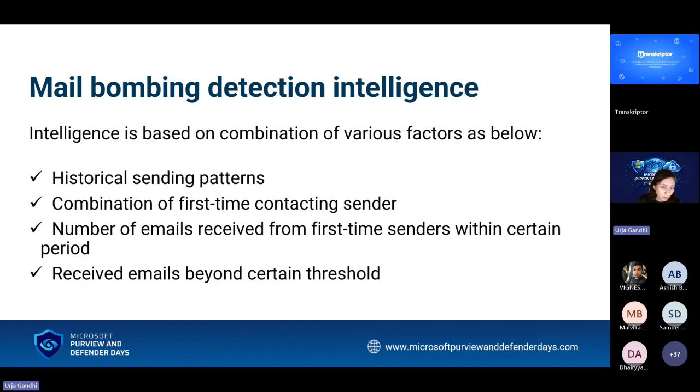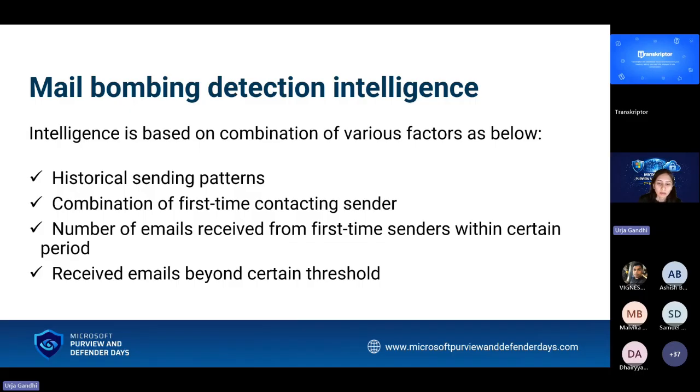It's also a combination of first contact sender, which is, if this contact is sending me email for the very first time, that's going to be a flag, in combination with all these historical patterns plus the number of emails received within a certain period from this first-time sender, which I did not expect.